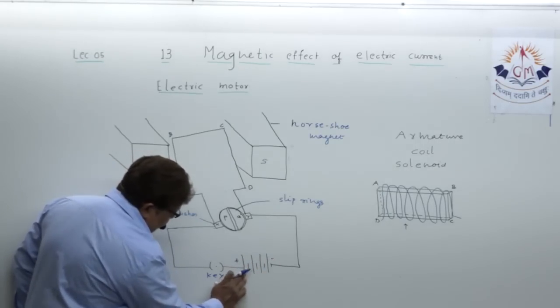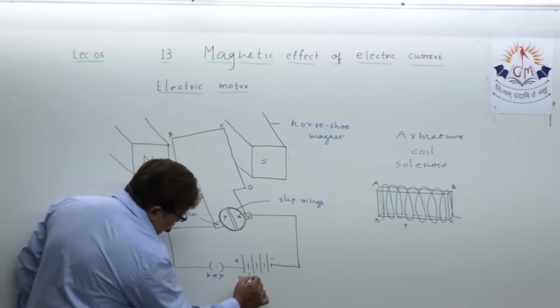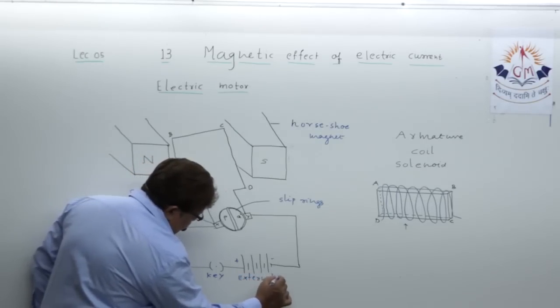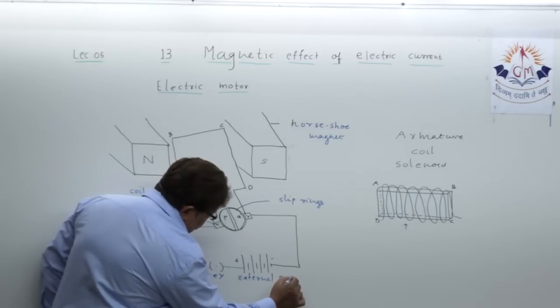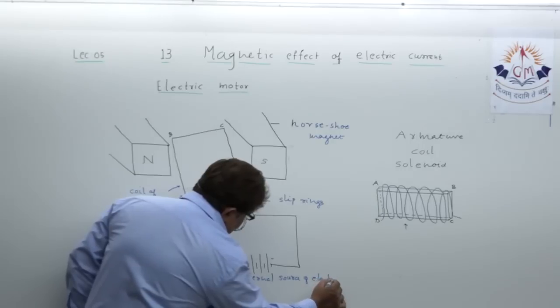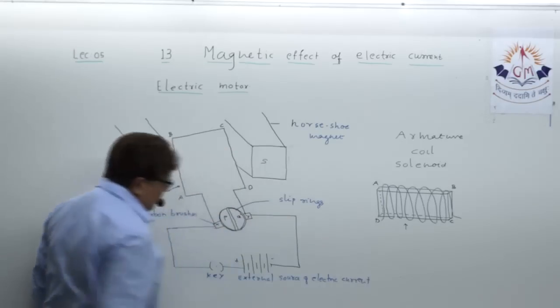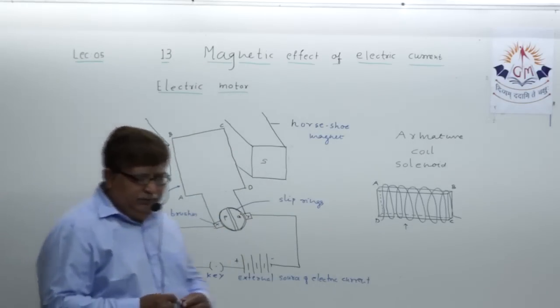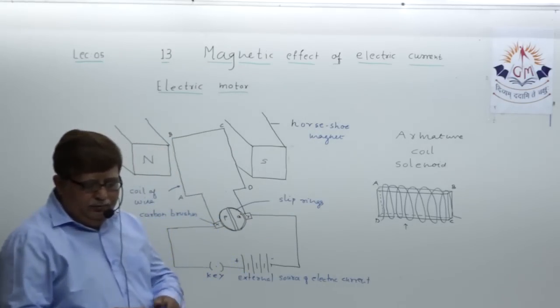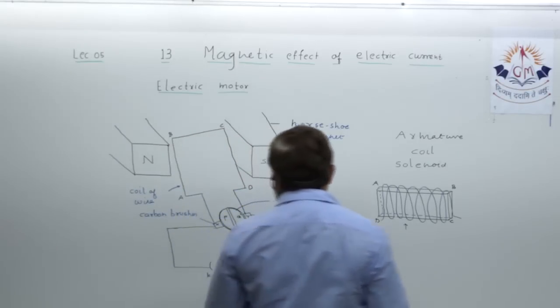I will not call it a battery, you can call it an external source of electric current. That means we are getting electric current from outside in our home, that is called an external source of electric current.